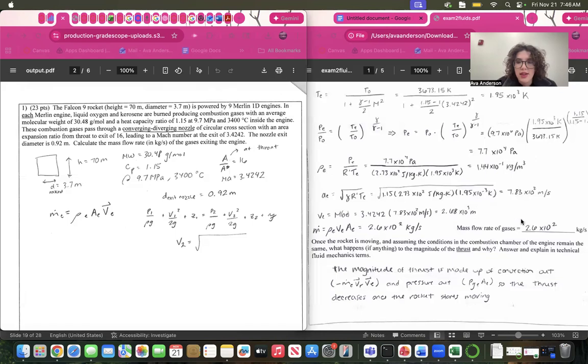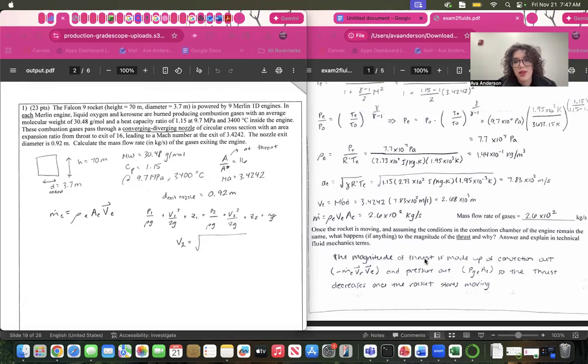But that's 2.68 times 10 to the third. And then from there, you can plug in the density of the exiting, the velocity exiting, and the cross-sectional area exiting. Multiply that together to get m dot, which is what we're looking for. And then that's 2.6 times 10 squared kilograms per second. I did that part right both times.